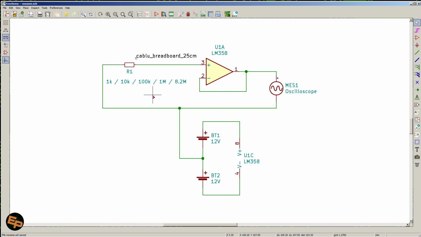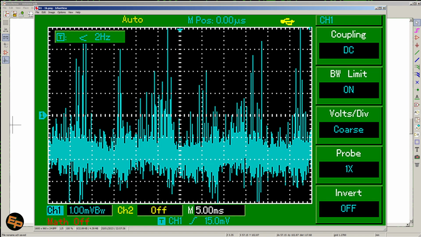They don't have the power to generate big currents, so lower impedances will result in very small or even non-existing parasitic signals, whereas bigger impedances will allow these signals to exist. Okay, so let's get into the results.